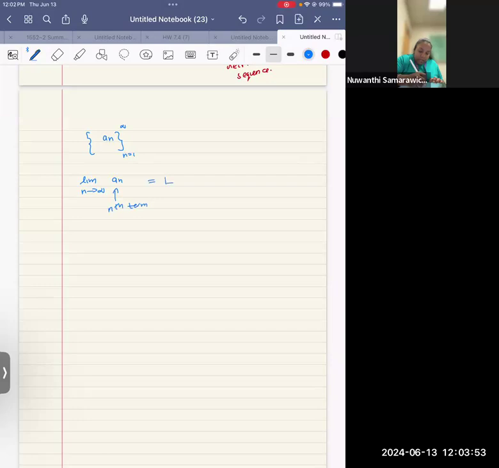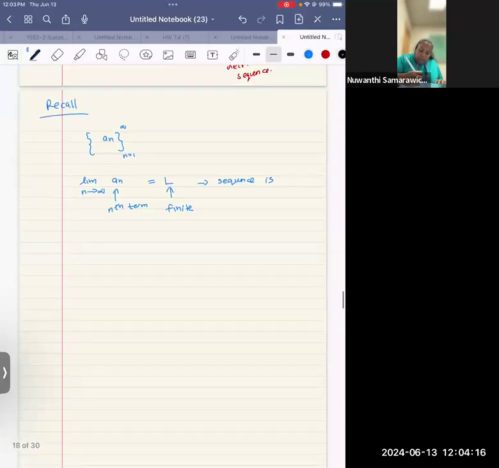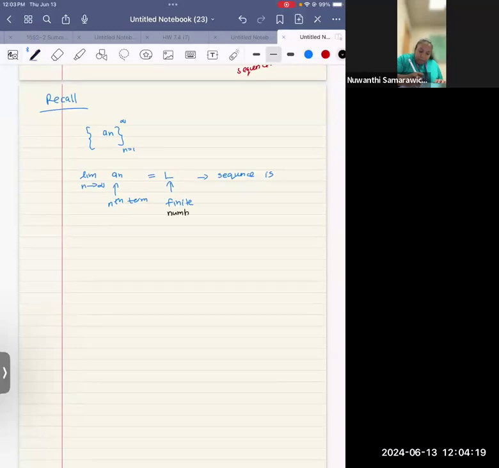If you take the limit when n approaches infinity, your n term will give you a finite number, then we say the sequence is convergent.